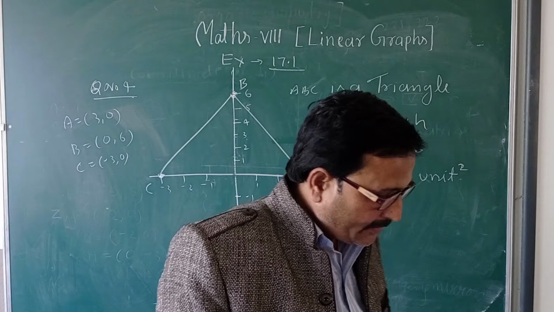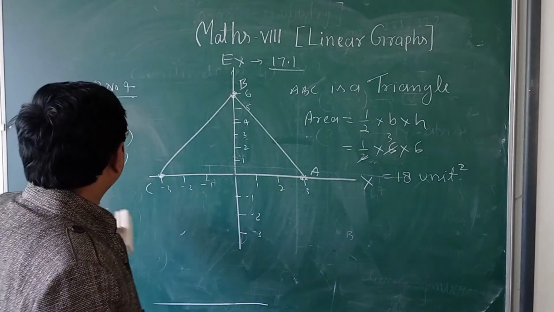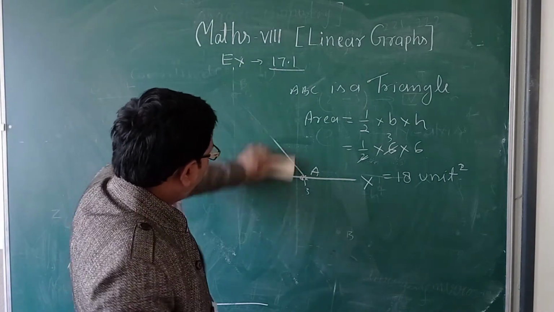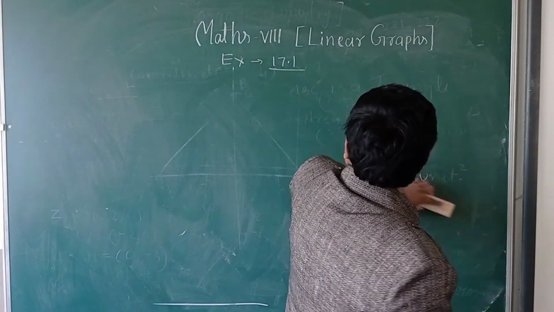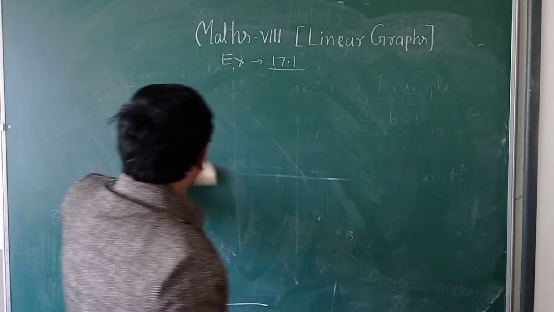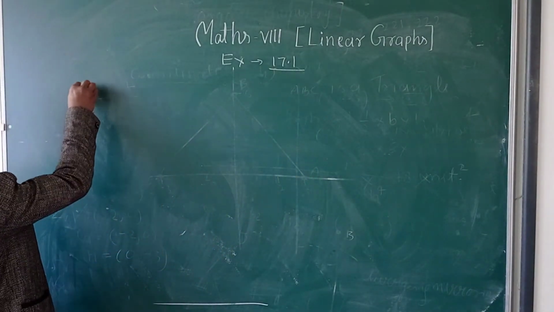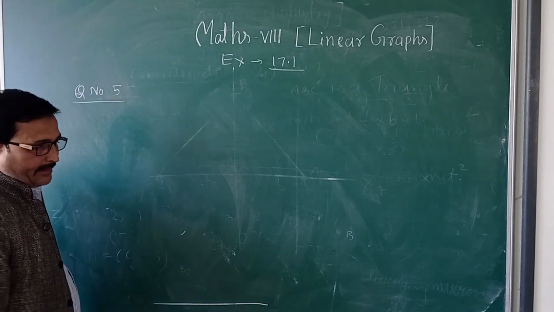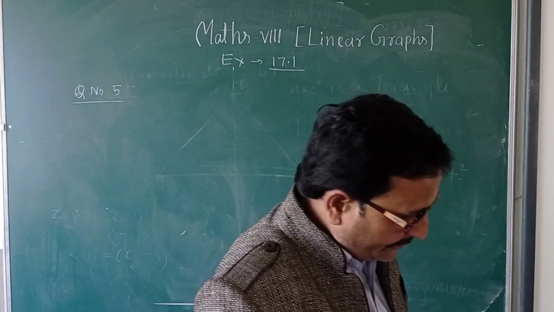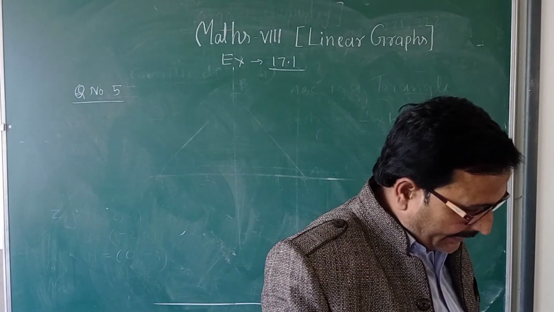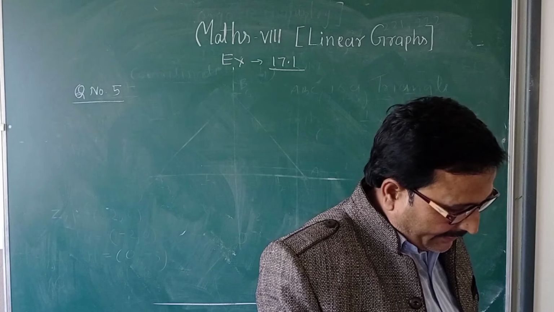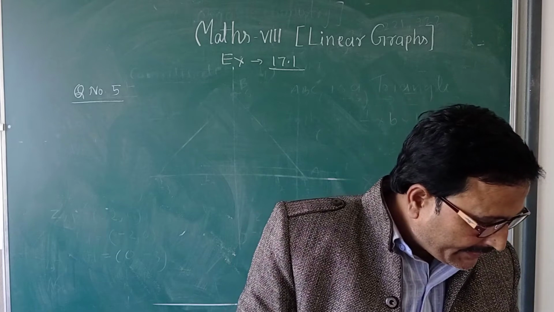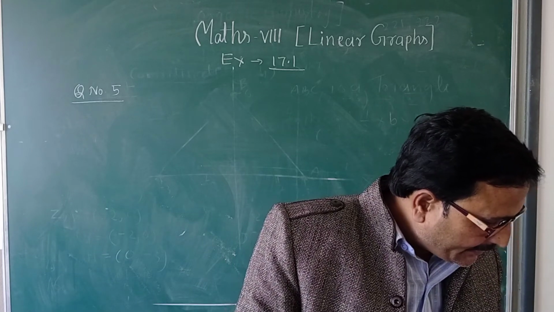Next is question number 5. Plot a rectangle which lies in the second quadrant, has the origin as one vertex, and is 6 units along the x-axis and 6 units along the y-axis.